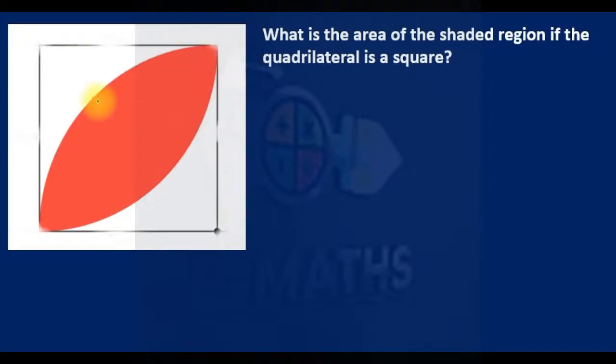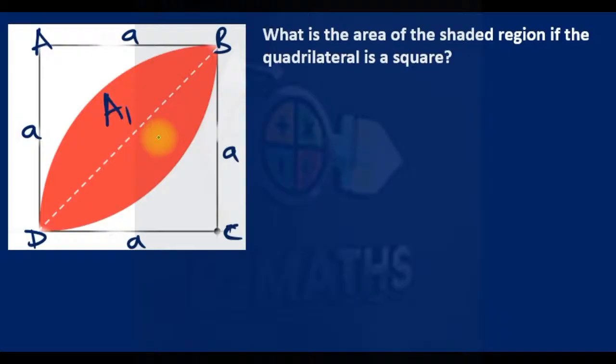Let's call the side of the square A. I will name the square ABCD and join B and D. Let's call this area A1 and here is also A1.